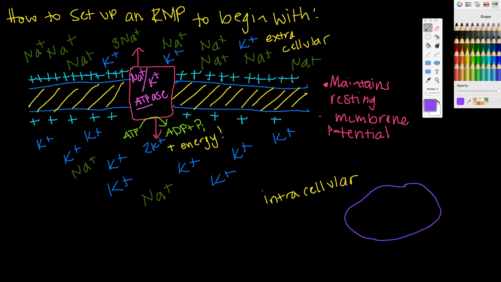And we know that there's a lot less positive charge inside than outside, but we want to know exactly what the difference is. So if I take a glass needle and I touch the tip of it to this little patch of membrane right here, I can measure the difference in ions between the extracellular fluid, which is inside of this glass needle, and the inside of the cell itself.